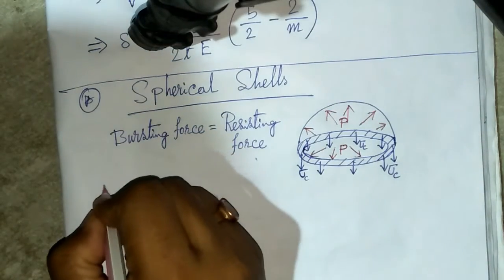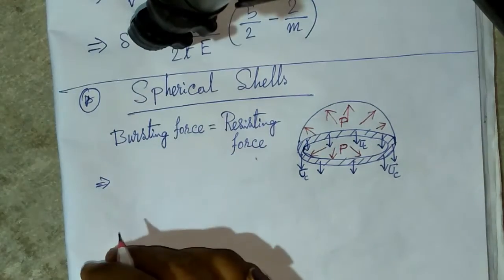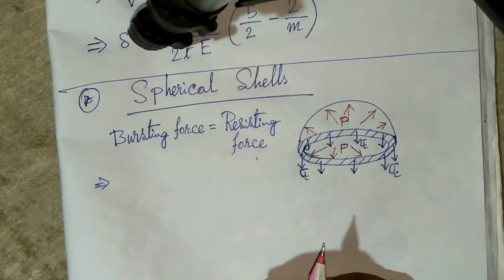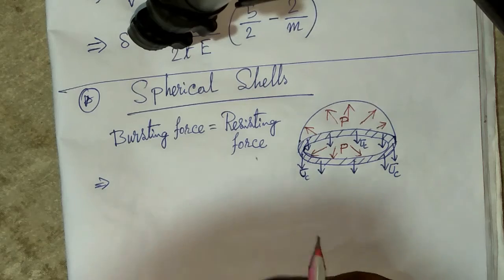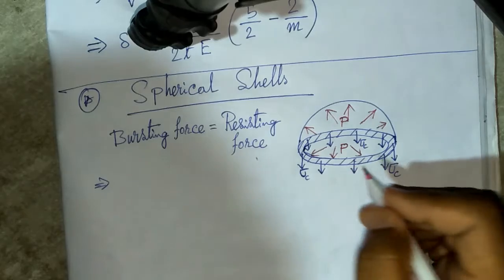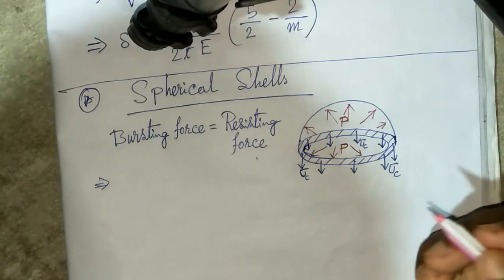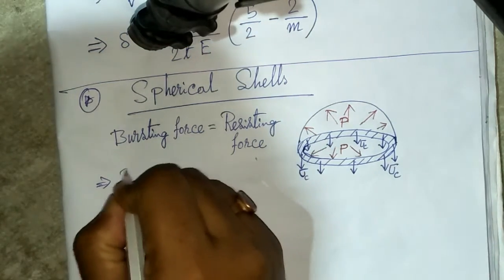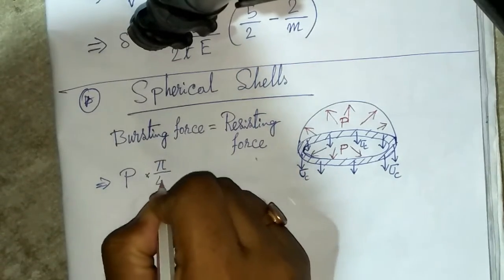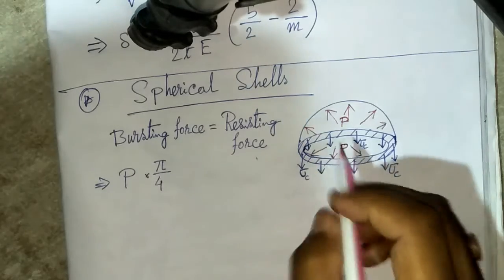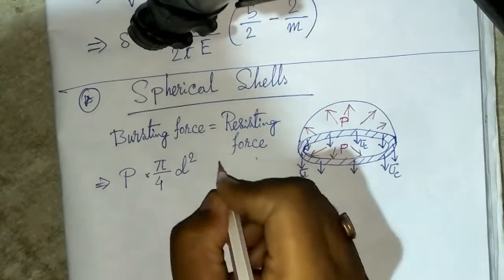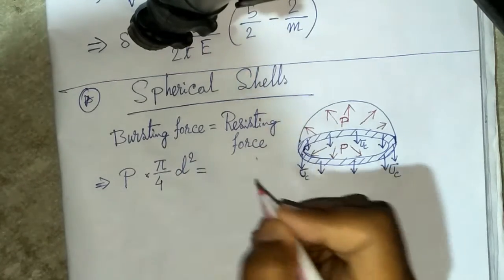So the bursting force is nothing but the pressure into the cross sectional area. Since the internal dia is small d and thickness is t, pressure into the internal area, which is obviously a circle, that is pi by 4 into d square, equals the resisting force.